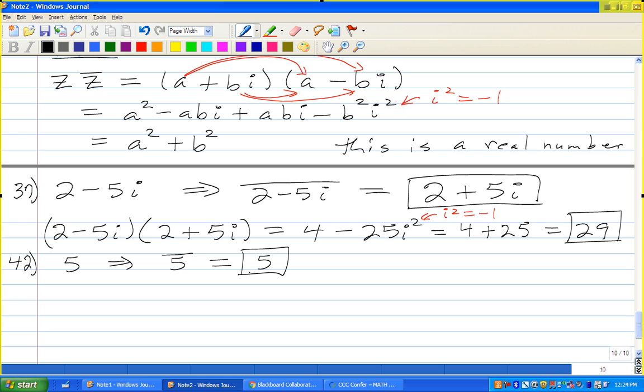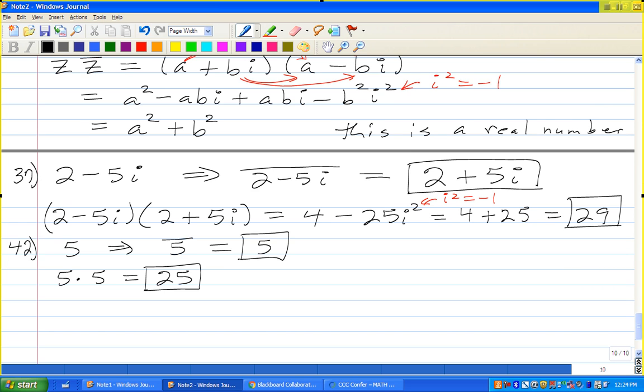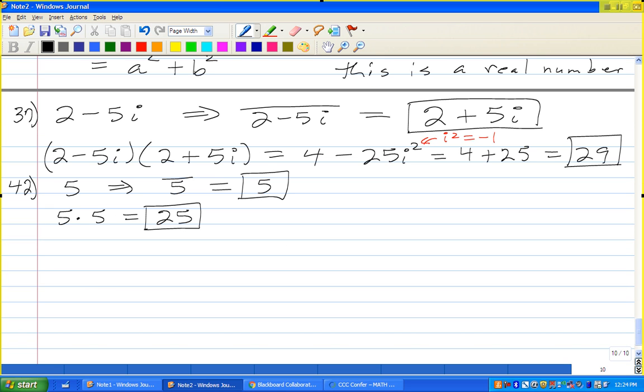I've changed the sign of the imaginary part. And so let's do 5 times 5 is 25, which is the real part squared, plus the imaginary part squared. Well, the imaginary part is 0. And so 5 squared is indeed 25.